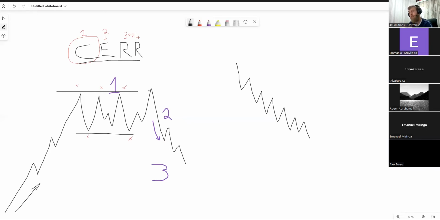But after it's consolidated and expands, the market can either go back to a consolidation over here and start to consolidate again, or after expanding, it can just do a complete reversal and trade straight up like that.